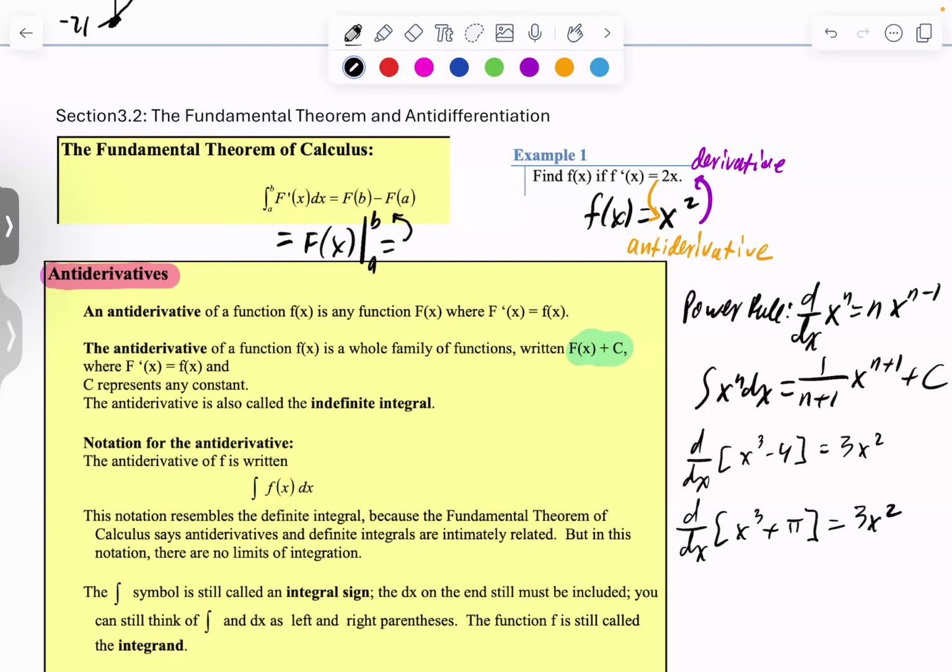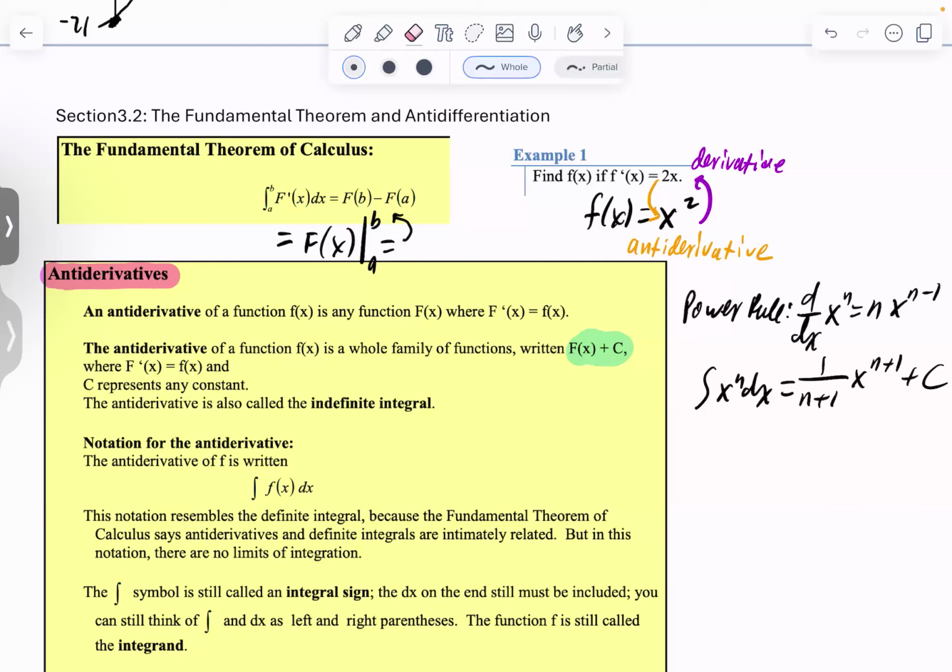Now, the issue that we're running into is when we start with 3x squared, we want to go backwards. We don't know if it's plus or minus some constant, minus 4, plus pi, or whatever. So in general, we just say plus c. And we're making a statement that we're dealing with any arbitrary constant that needs to fit there. Sometimes we can pick the constant, and other times we will have information to come up with a specific constant.